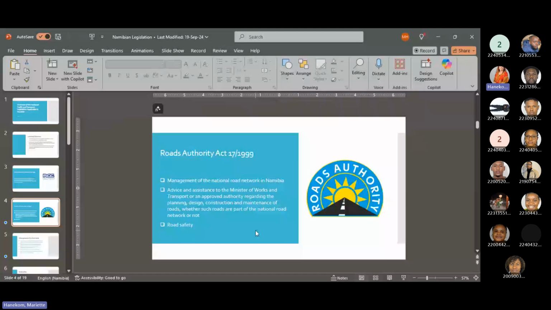So even in a local authority area, say Windhoek, for example, the Roads Authority will also advise and assist if necessary. And then they are also tasked with road safety.